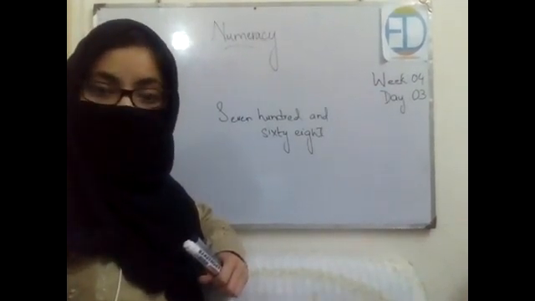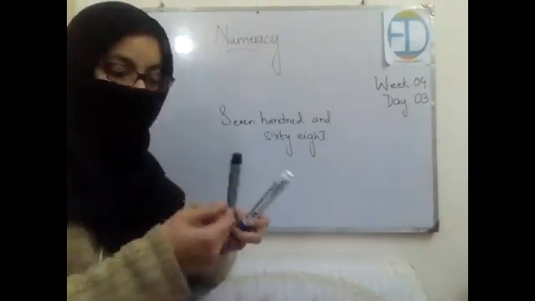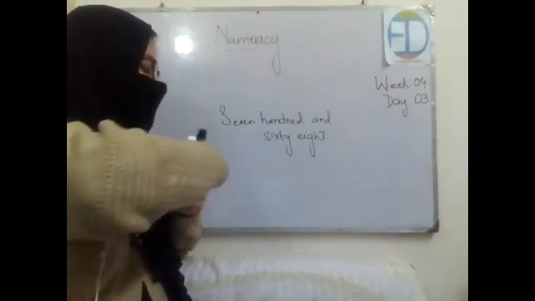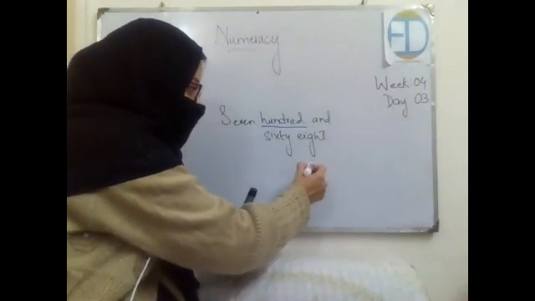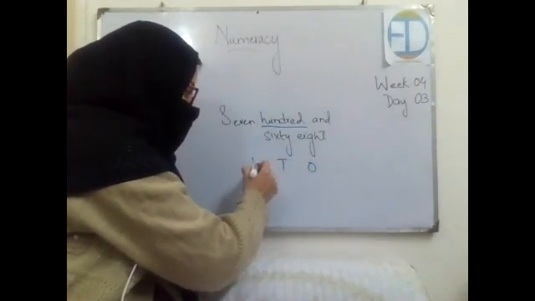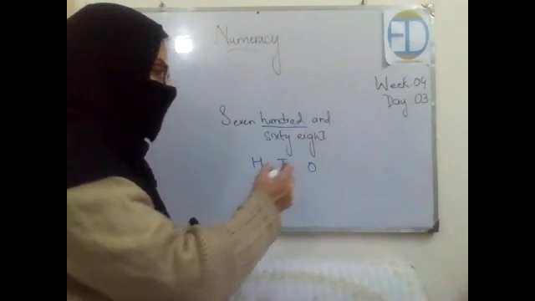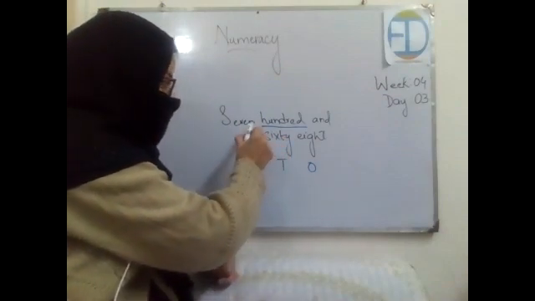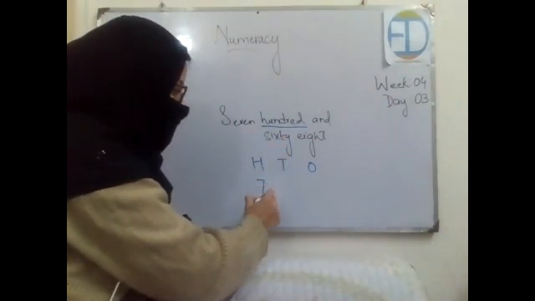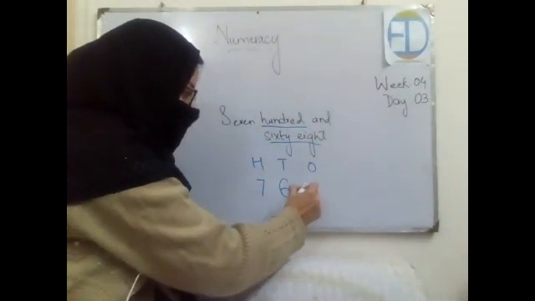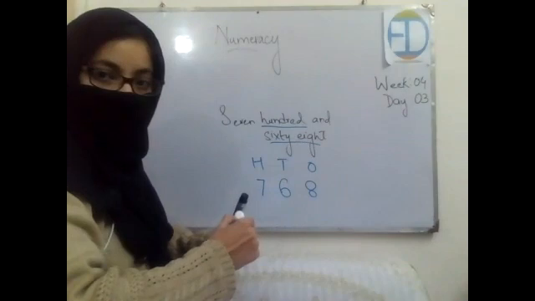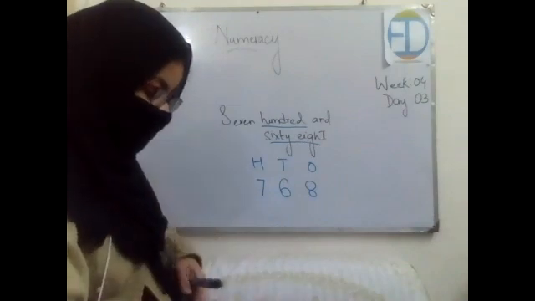So what would be the first step? In the first step, we will be writing the values. So what is the highest value over here? Again 100. So we will start from 1 and we will stop at the 100. Okay. Now look at the number. How many hundreds? 7. And what's the next number? 68. So 6 and 8. Got it?